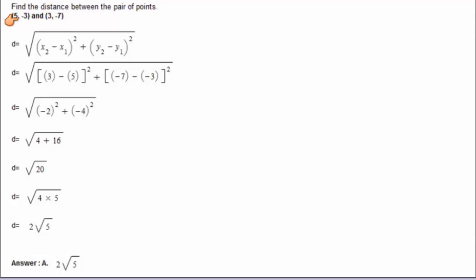If you call this point 1, this would be x1, this would be y1. If you call this point 2, that would be x2, y2. Just simply substitute those numbers into this formula, and you find the distance.